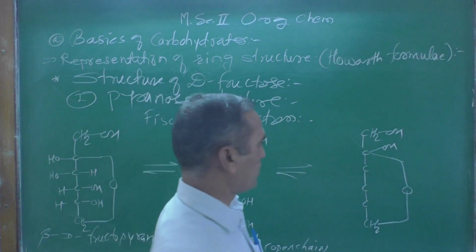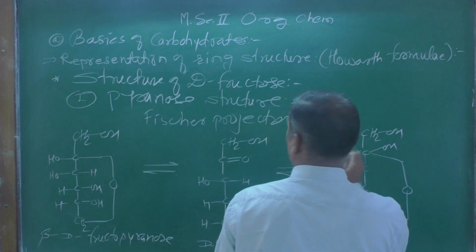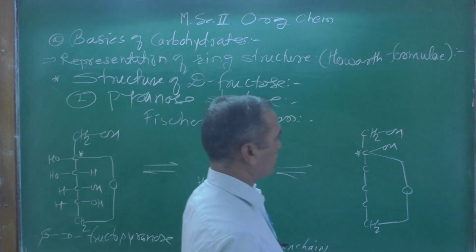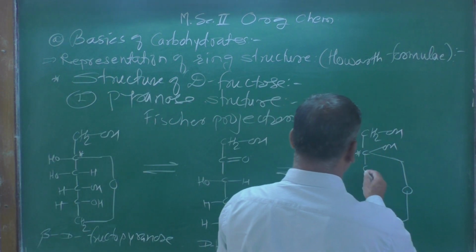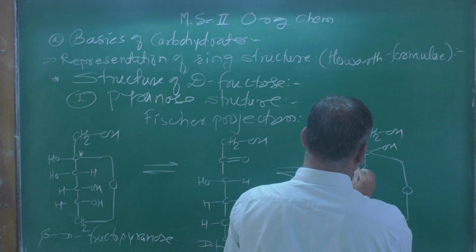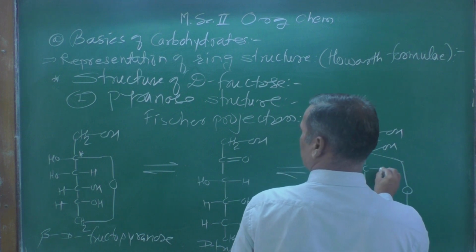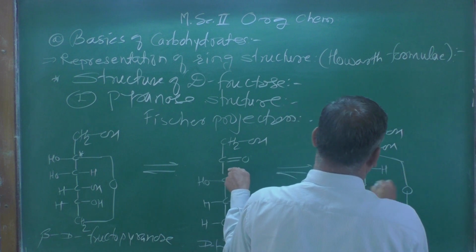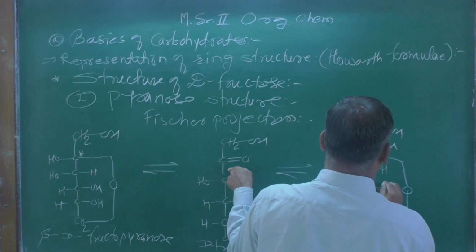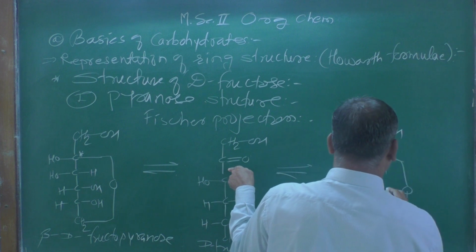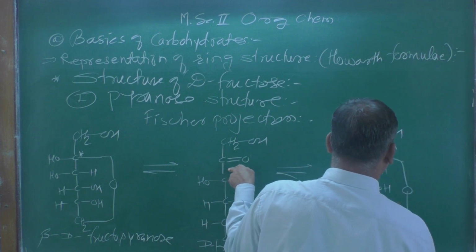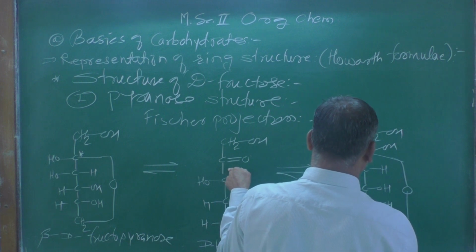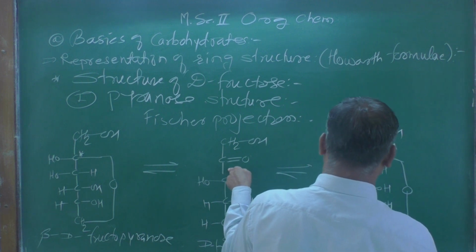And this is a chiral center. As we know, an additional chiral center is generated when the ring form is formed. And now here the hydroxy group is on the left hand side, here on the right hand side, here also on the right hand side, remaining as it is here.